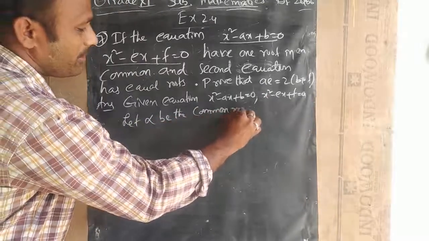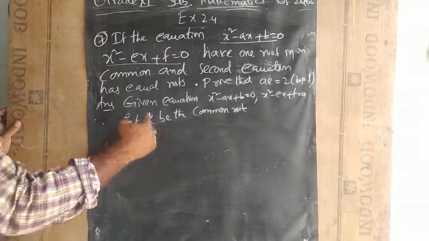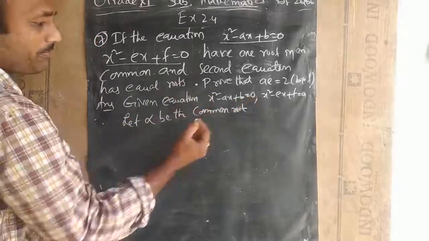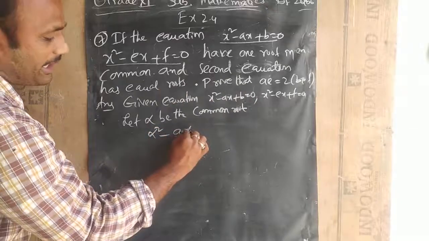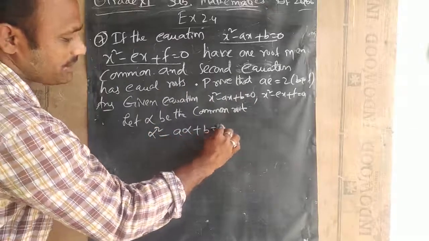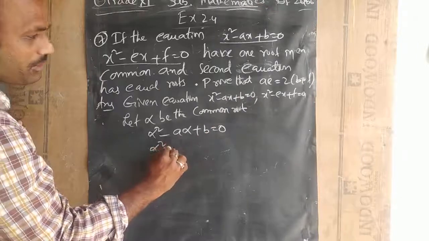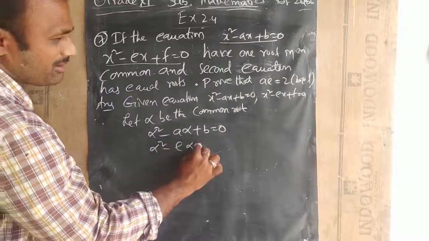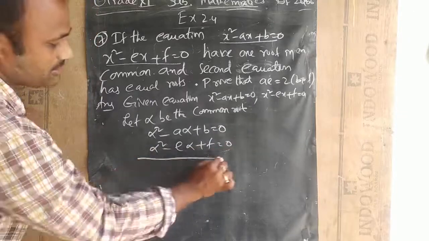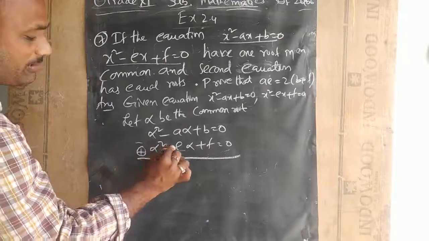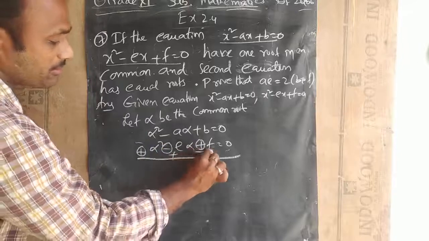If something is a root, we can substitute it in place of x. So what we are going to get here: alpha² − a alpha + b = 0, and alpha² − e alpha + f = 0. So we can cancel this using the elimination method.